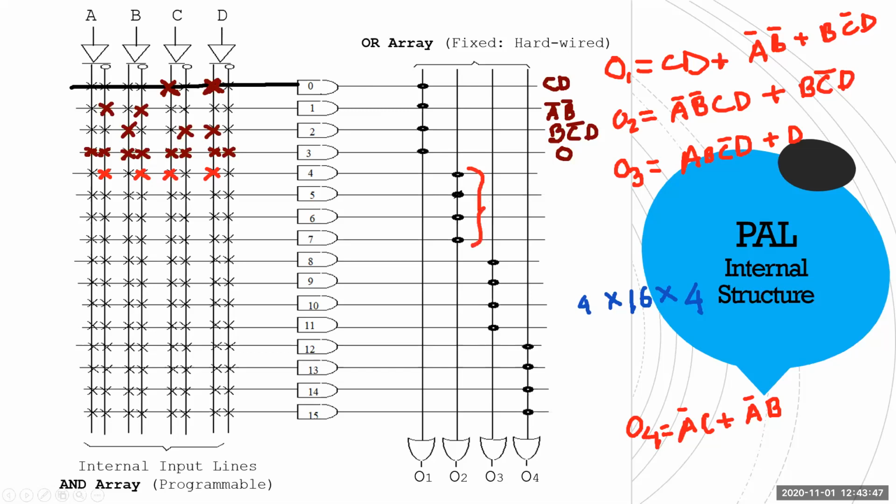Remember, B, C bar, D was already there in our first expression. It's common. But we cannot take common, because that B, C bar, D was part of O1. It cannot be part of O2, right?